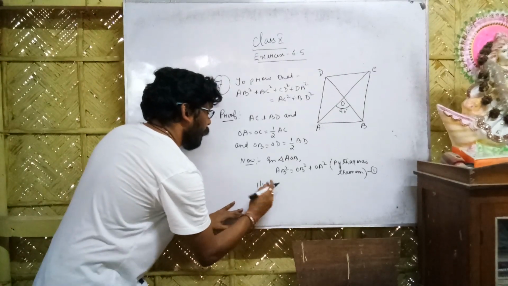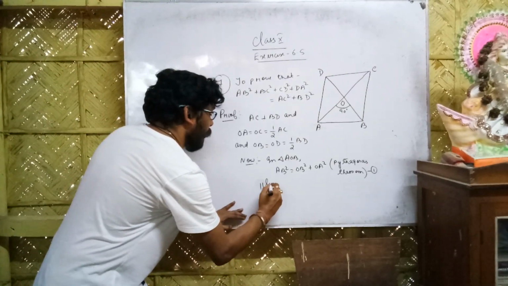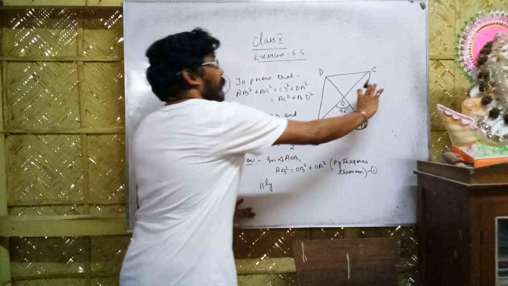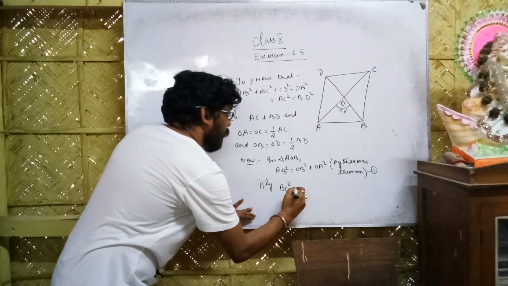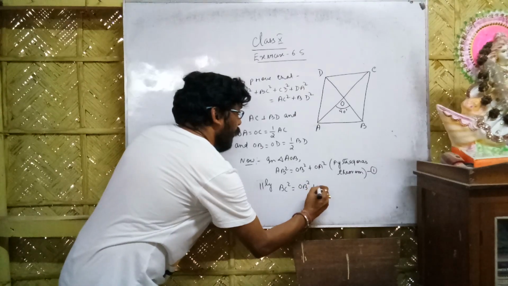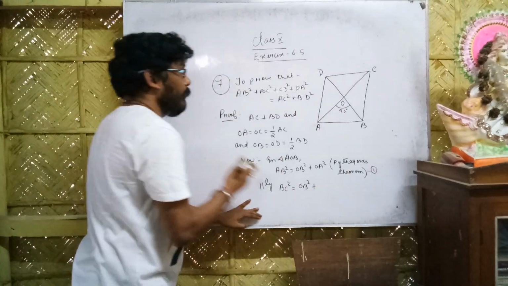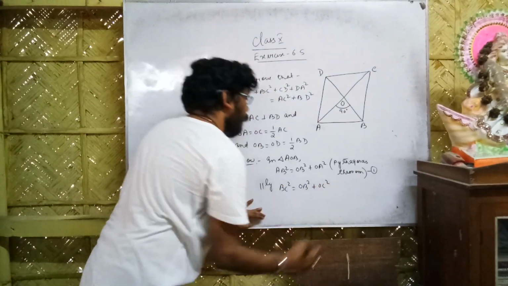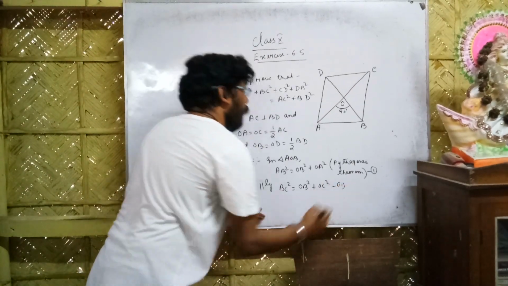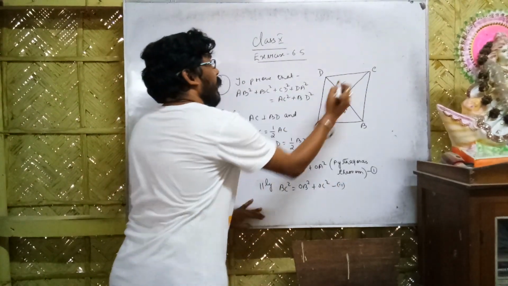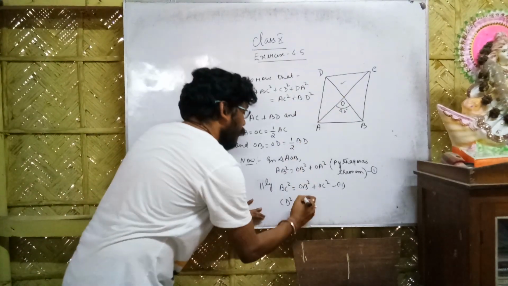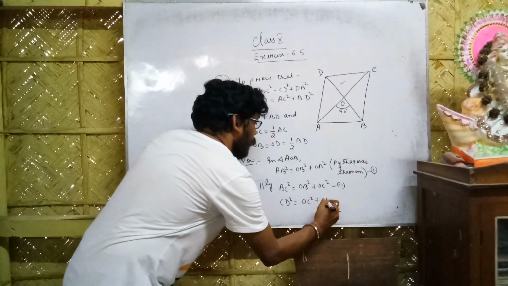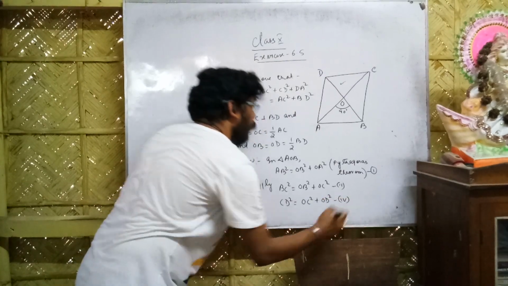Similarly, what can you write? BC square equal to OB square plus OC square. Equation 2. For this triangle also you can write CD square equal to OC square plus OD square, equation 3.